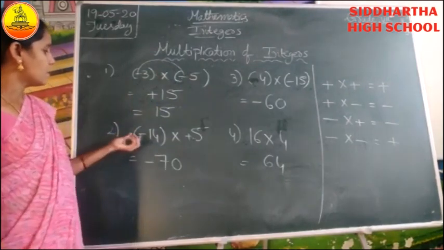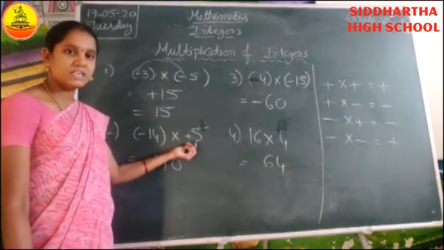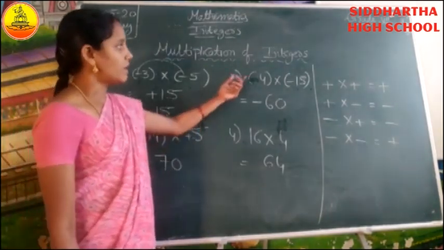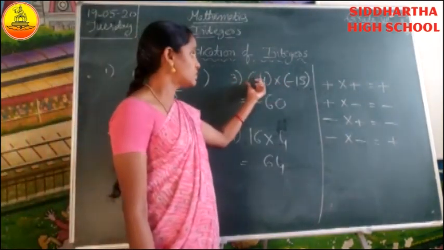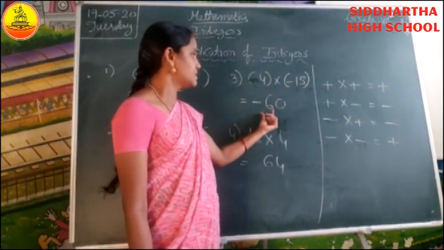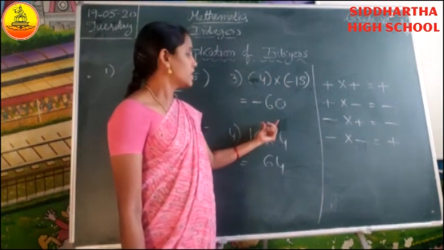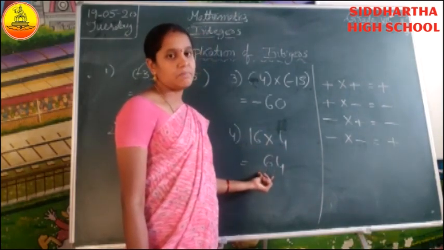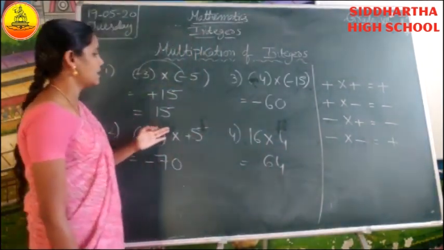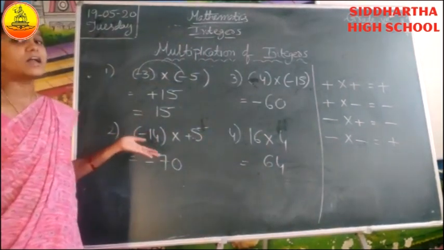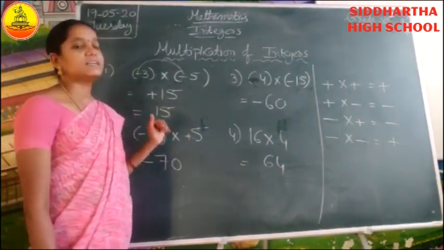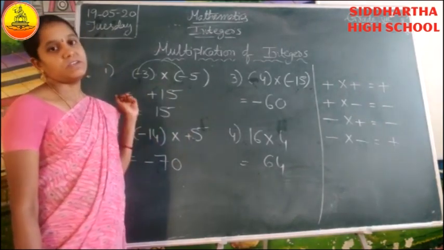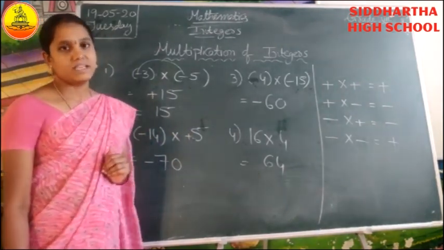If you multiply one negative integer and one positive integer, the result is a negative integer. If you multiply two positive integers, the result is a positive integer. That means whenever we multiply two positive integers or two negative integers, the result is positive. If we multiply one negative and one positive integer, the result is negative.